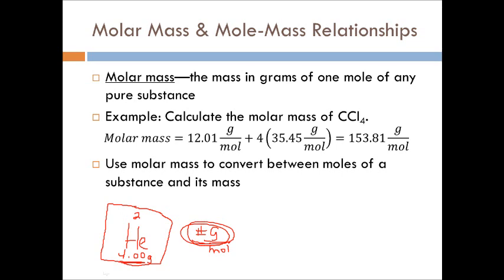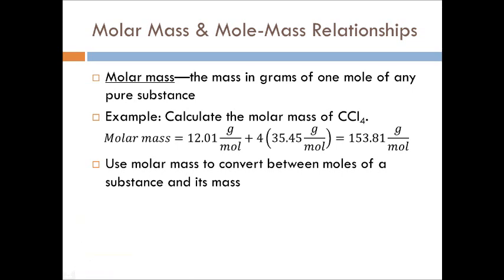To calculate this, we simply add the masses of the different elements together. If we have multiples of one element, we'll multiply the mass by the number that we have. So, if we're going to calculate the molar mass of CCl4, which is carbon tetrachloride, we're going to take the mass of carbon and add it to 4 times the mass of chlorine. Here's your 4, because we have 4 of them.